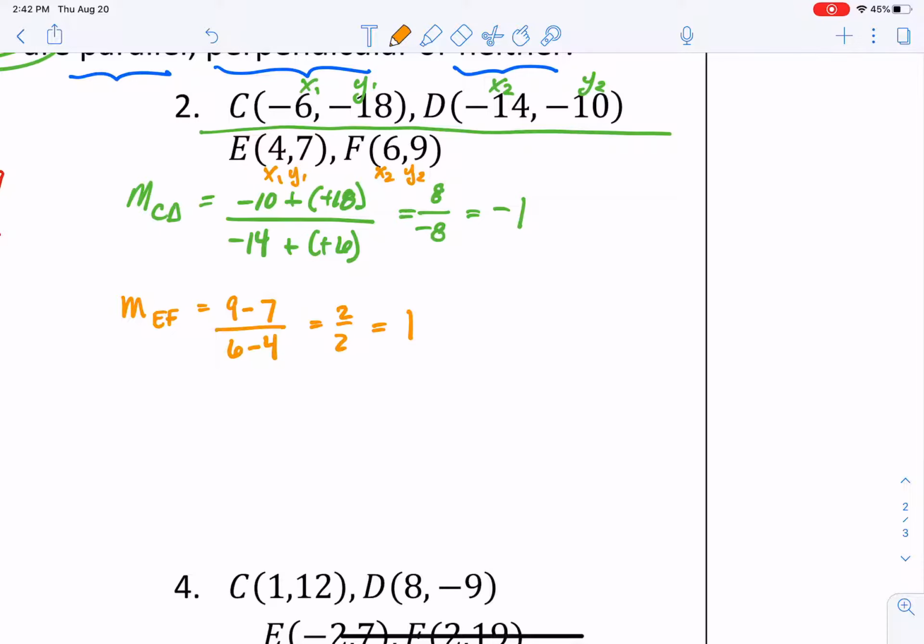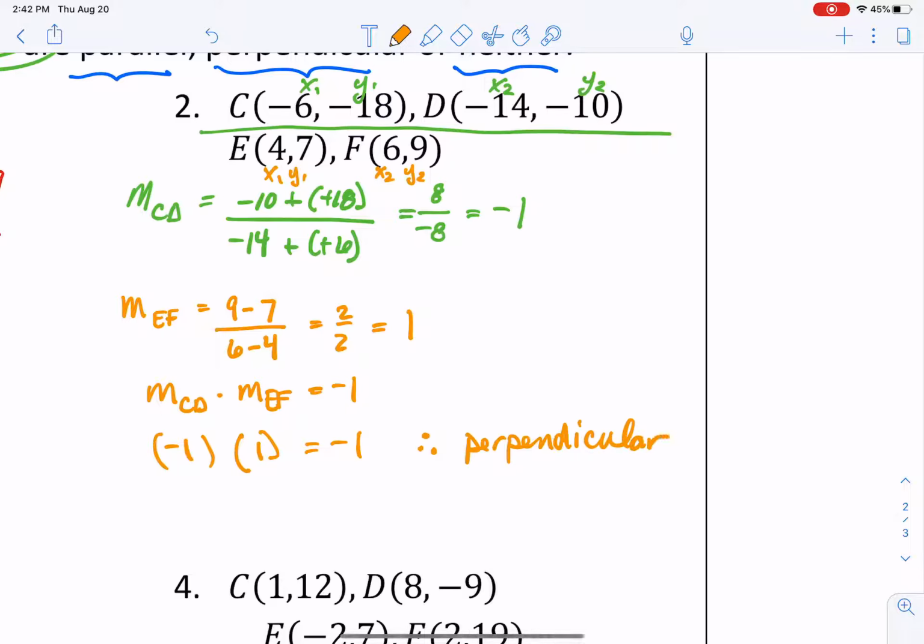So if you don't know exactly, remember that it said the slope of CD times the slope of EF could equal negative 1. So CD is negative 1 times positive 1. That equals negative 1. Therefore, they are perpendicular.